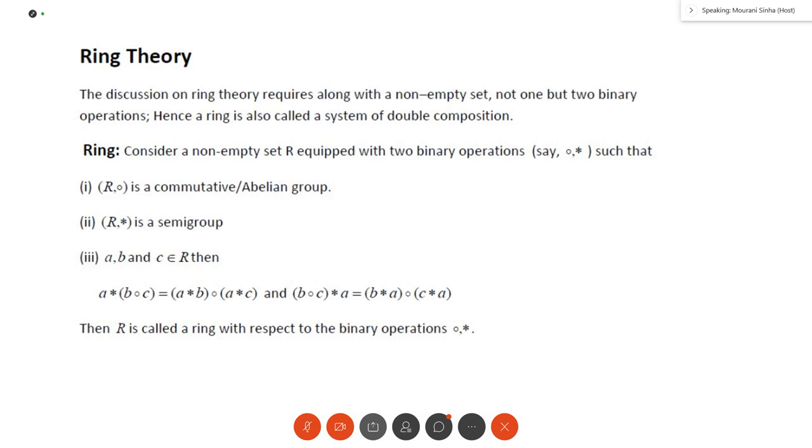It is nothing but A dot (B plus C) is equal to A dot B plus A dot C. So it can be verified. This is the left distributive law, and the other one is your right distributive law.